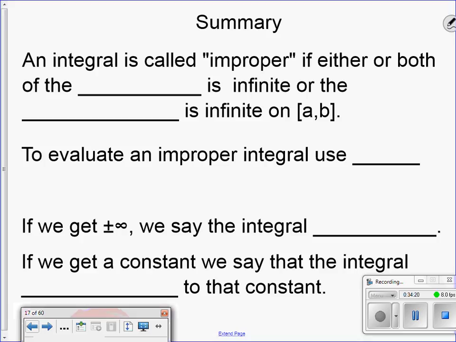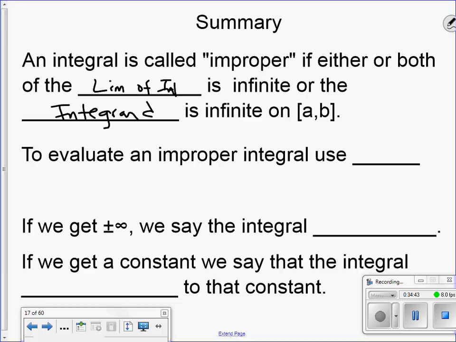Okay, let's summarize this. An integral is called improper if either or both of the limits of integration is infinite, or if the function you're integrating, which we call the integrand, is infinite.